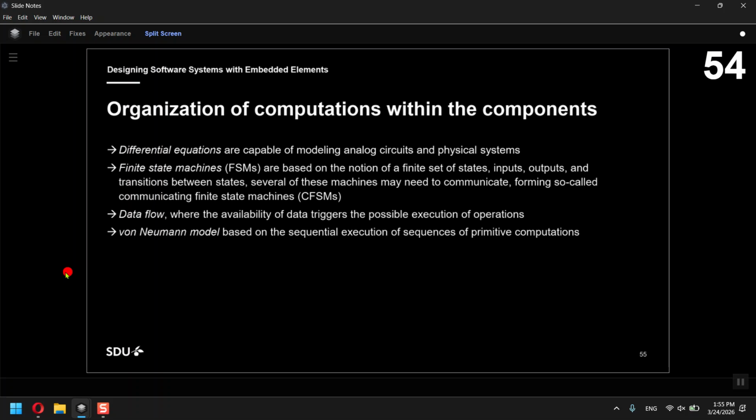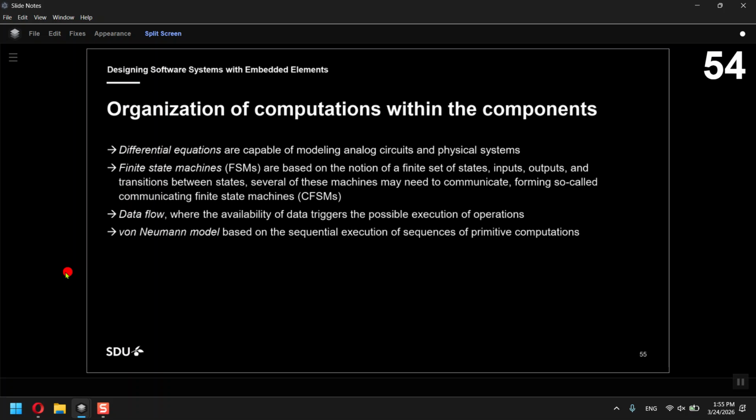We of course can use differential equations, which we'll talk about again. Finite state machines are based on the finite states and inputs, outputs, and so on. But we also have data flows and von Neumann models. So there are different ways you could model the computations within the components themselves.